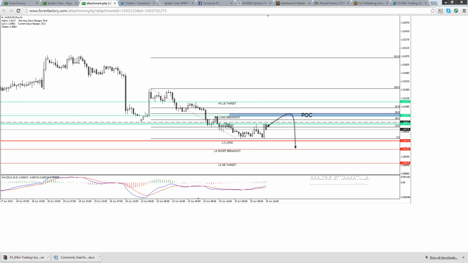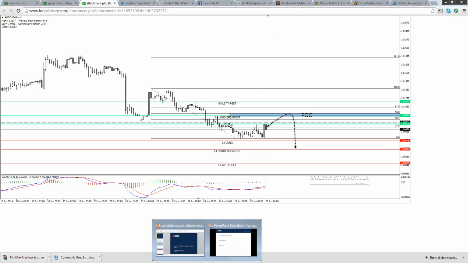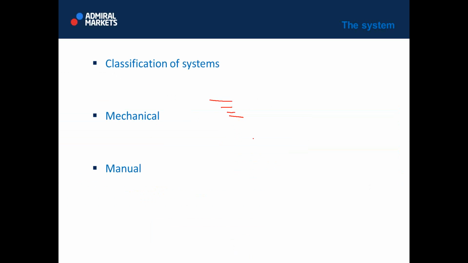I said there will be another chance. What does that mean? That means that I am not a victim of the market. I won't be imprisoned by the feeling that the price will come or won't come to my POC.